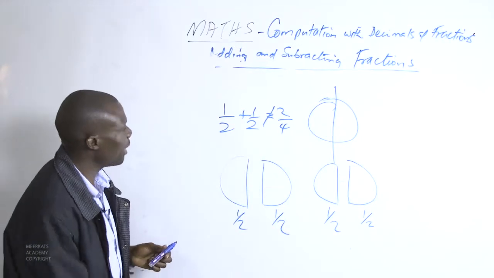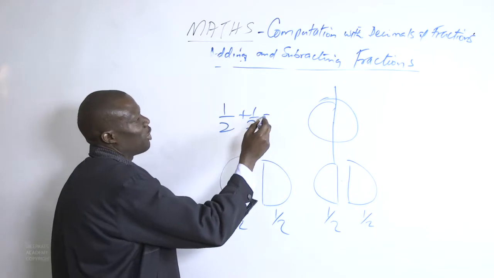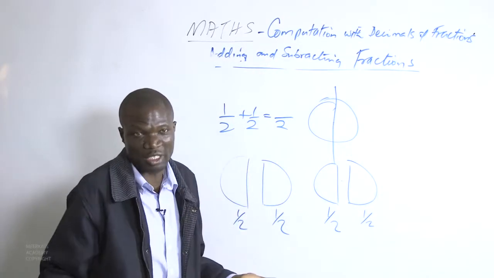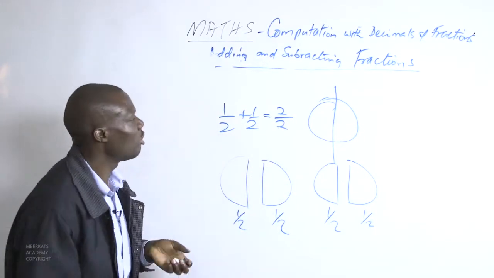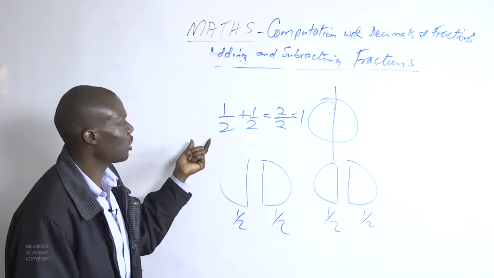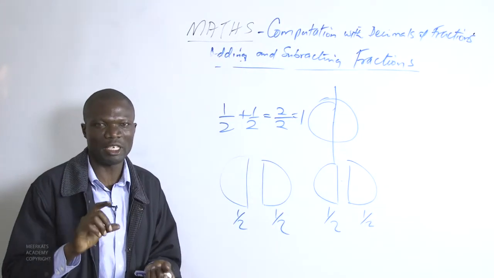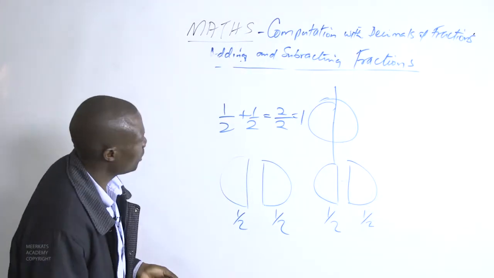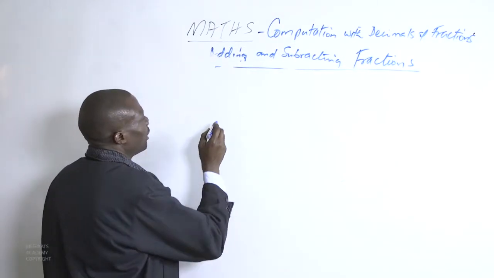Therefore, when we are adding fractions with the same denominators, we only add the numerators, but we maintain the denominator because it is just the half. So 1 plus 1 is 2. When you simplify 2 by 2, you get 1. So 1 represents a whole fruit. So when you are adding numbers with the same denominator, you make sure that the denominator is maintained and you deal with the numerator. Supposing it was a quarter. So we have a fruit here.